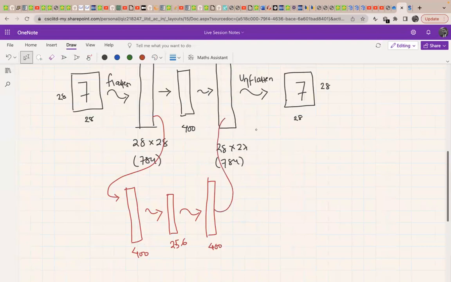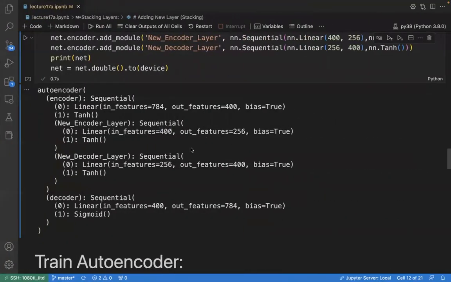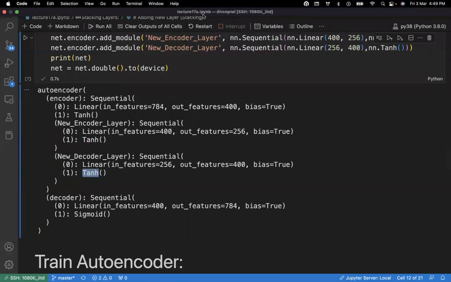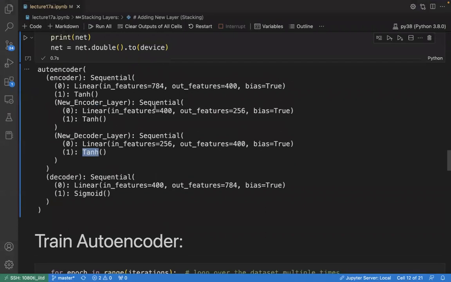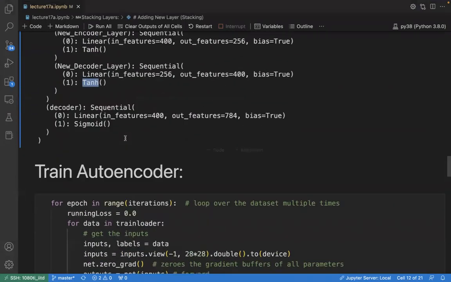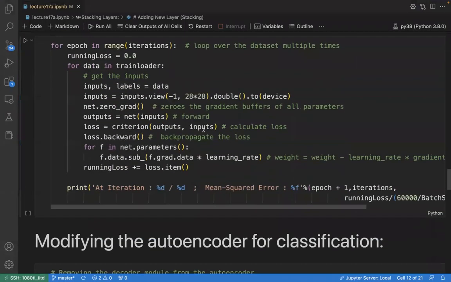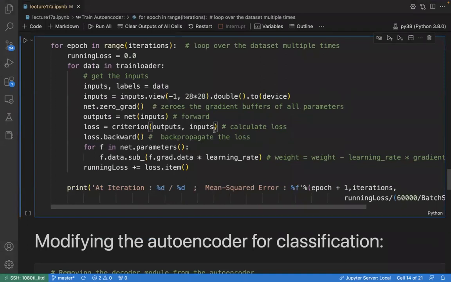This will be connected here. So now the dimension of the hidden layer is 256 instead of 400. In between we are using tanh as the activation function. So this is the new architecture, and let's see by training over the new architecture.